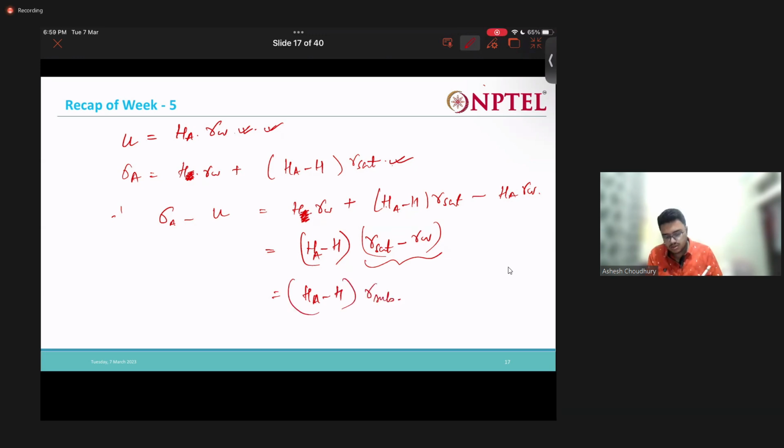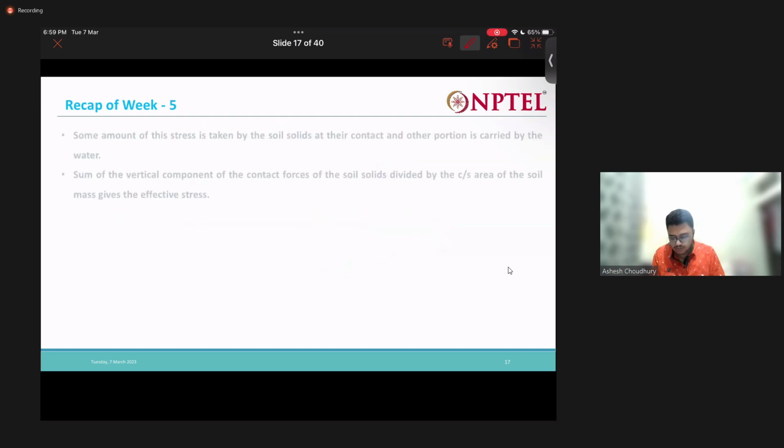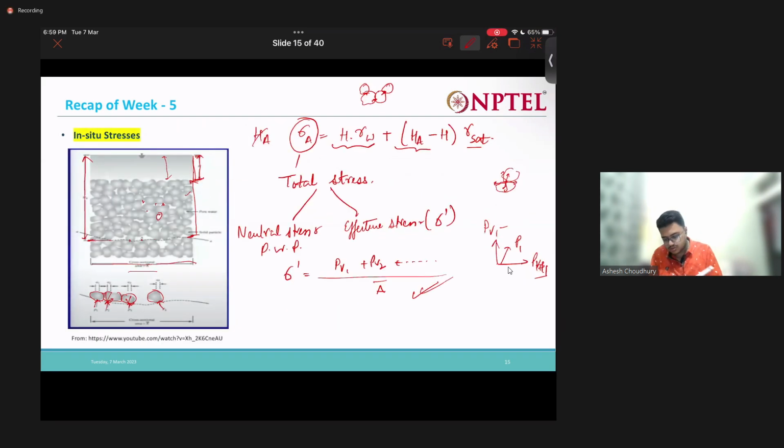So this is finally my effective stress. Effective stress is nothing but the height of the soil column, HA minus H, into gamma submerged.